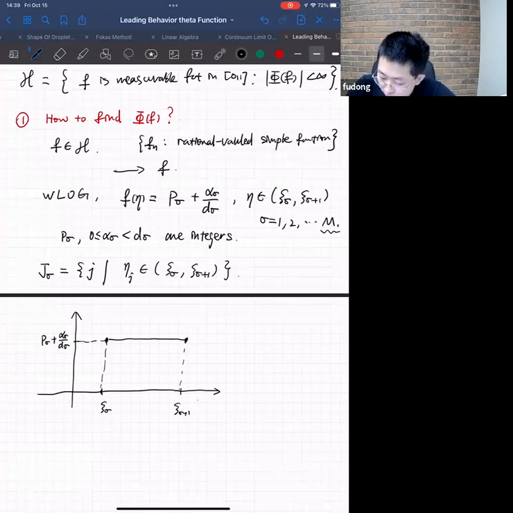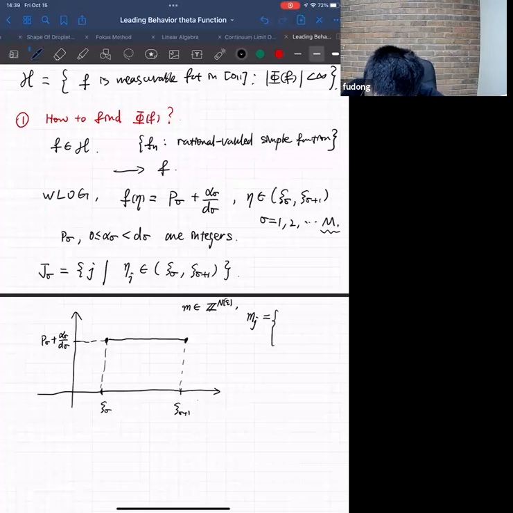Now I define mj. So when you fix epsilon, m belongs to a vector space, Z to the power of 1 over epsilon, and mj is defined as follows.